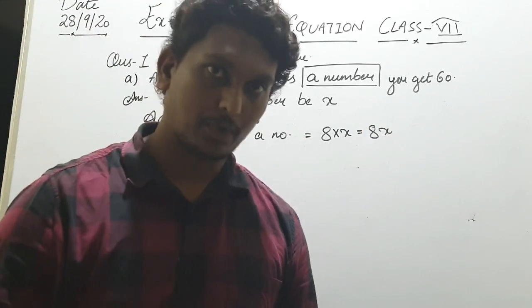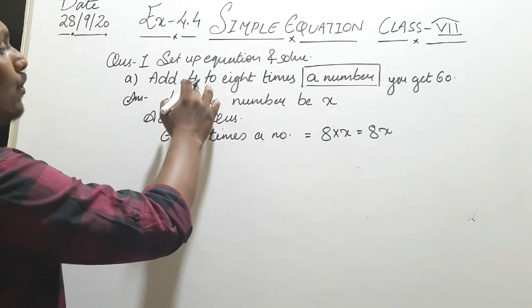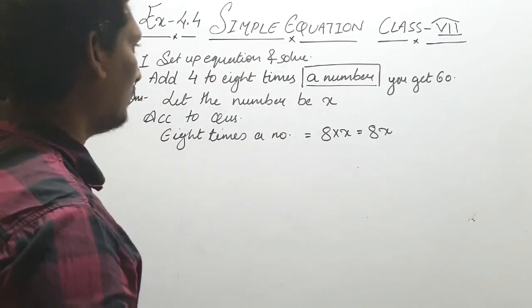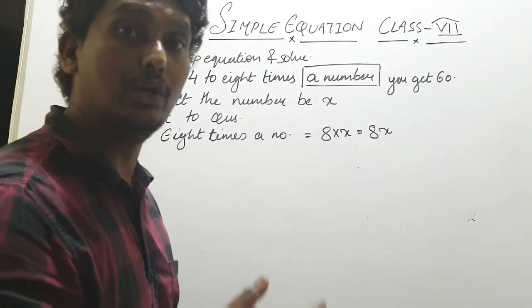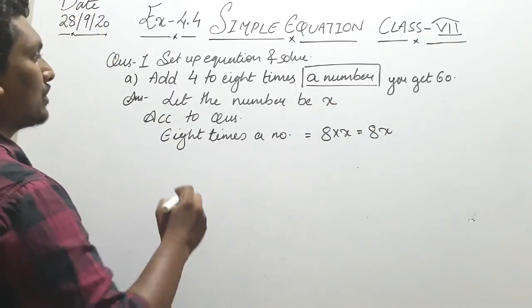Now again, what is it saying? Add 4 to 8 times of number. We have to add 4 to which number? 8 times. Now the equation is like this.